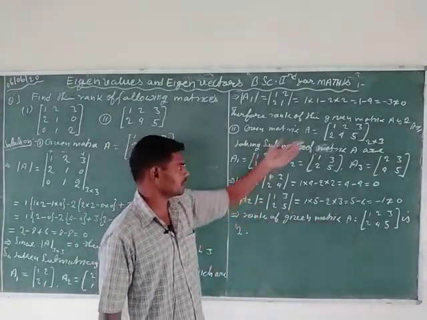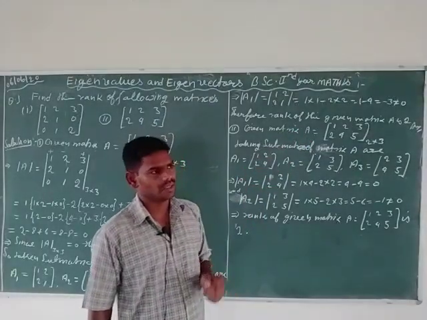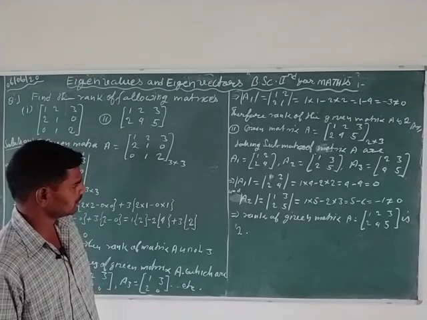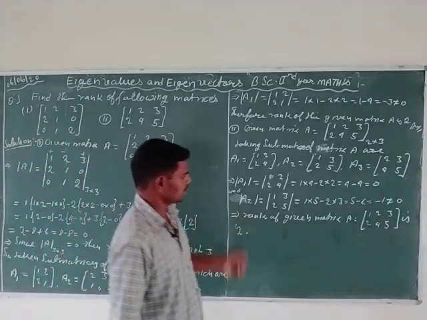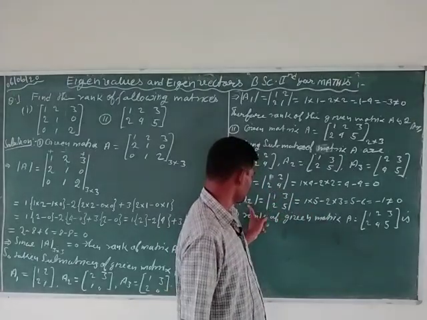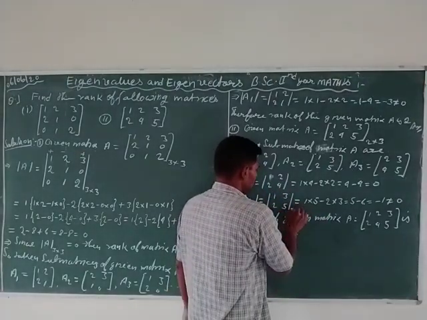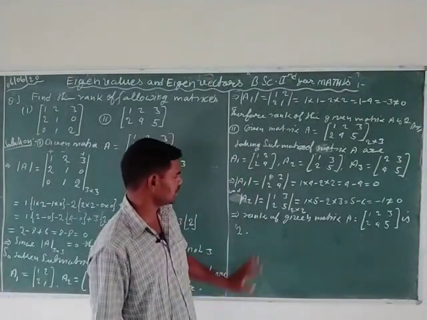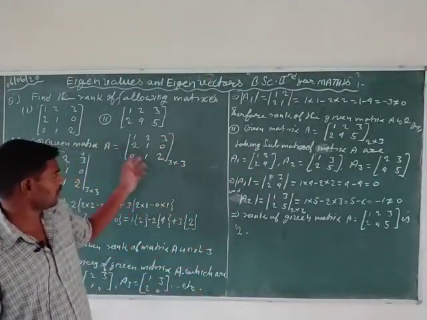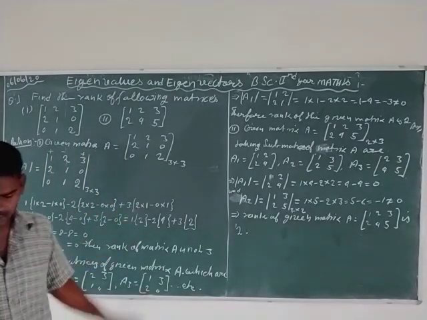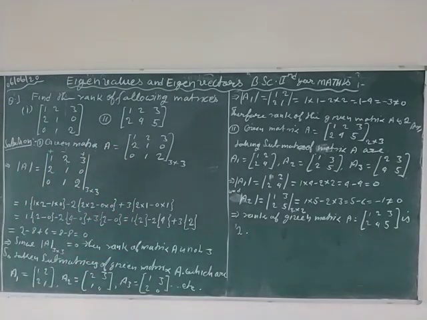So by the rules of rank, the rank of the given matrix will be 2, because submatrix A2 is of order 2 by 2 and its determinant is not equal to 0. This is the complete solution of the second part of the first question, and after this we take the next question.